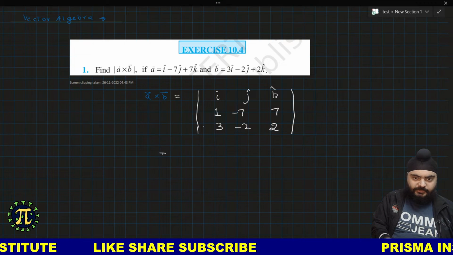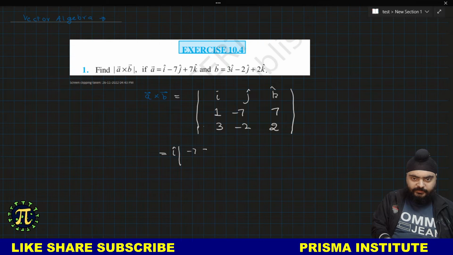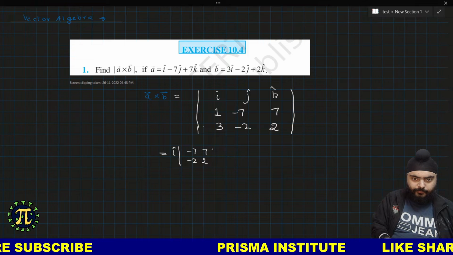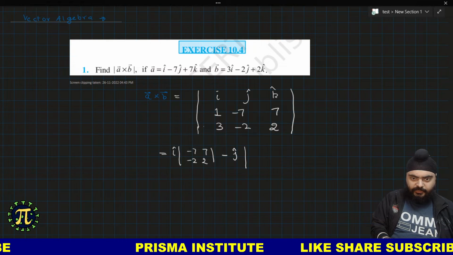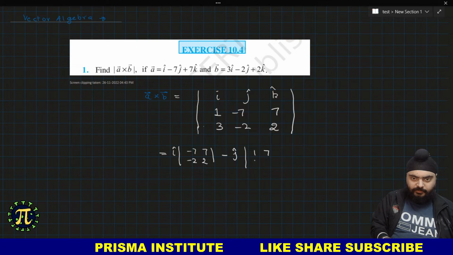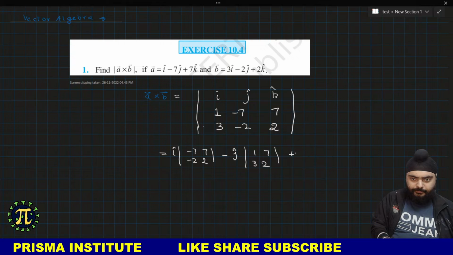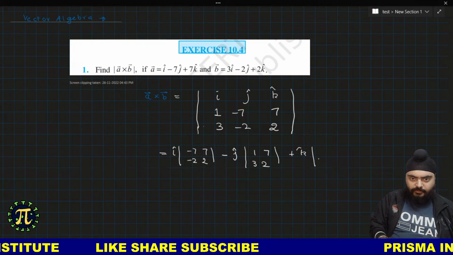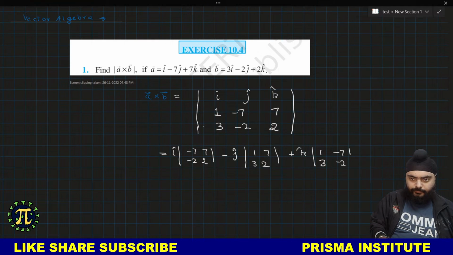So let's open this determinant. We get i cap times minus 7, 7, minus 2 and 2, then minus sign, then j cap with which we get 1, 7, 3 and 2, plus k cap, with which we get 1, minus 7, 3 and minus 2.